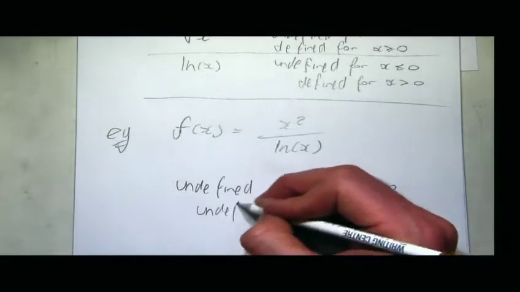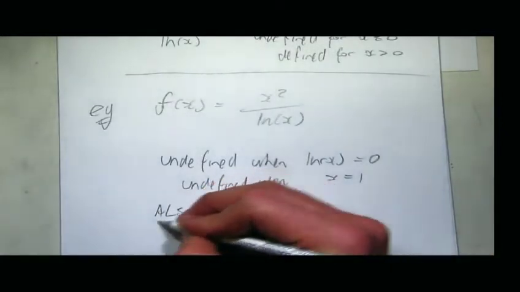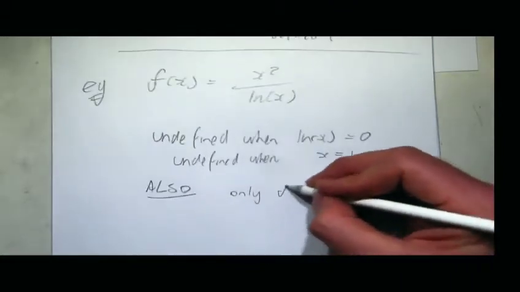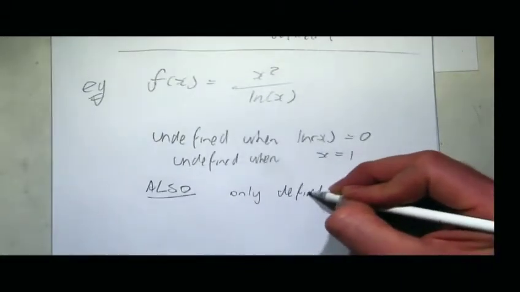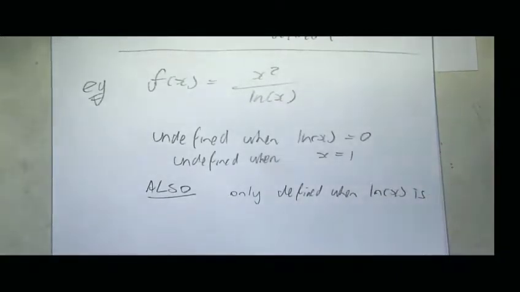That's my first pass at trying to find out where it's undefined. But it's also only defined when ln x is defined, and ln x is only defined when x is positive.